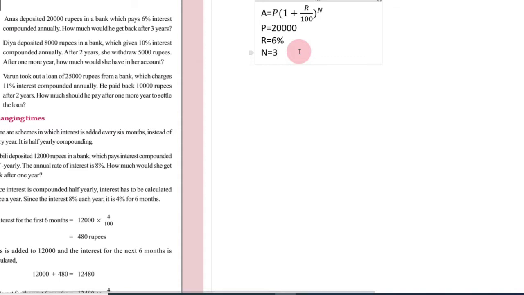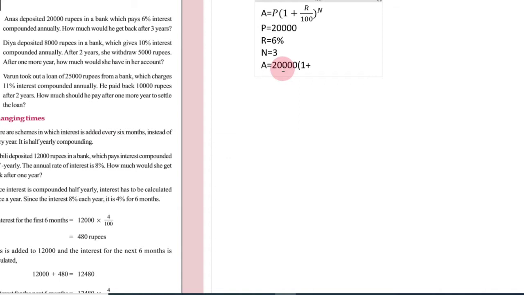Okay, let us substitute the values. What is P? P is equal to 20,000. So 20,000 into 1 plus R by 100 raised to n. What is R?